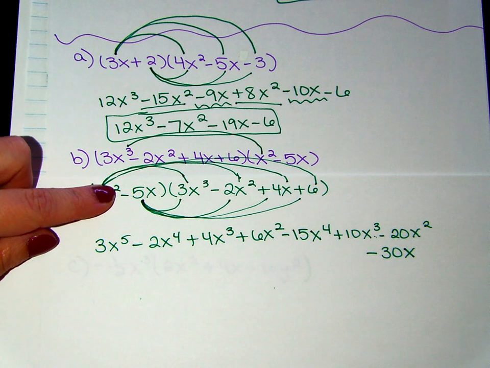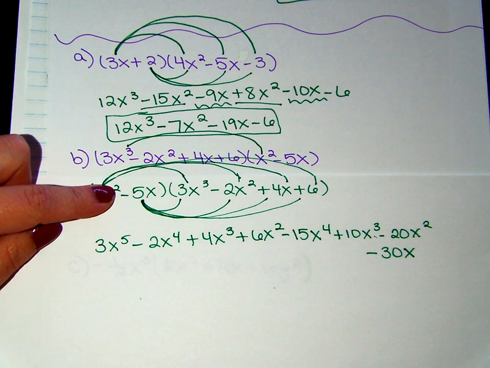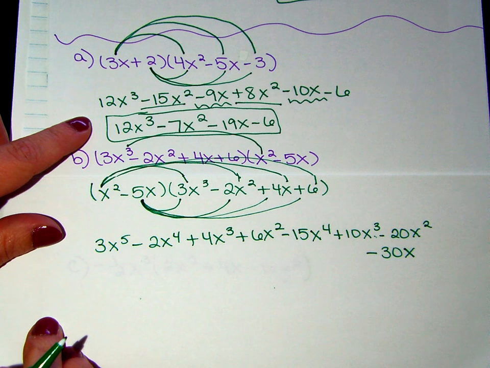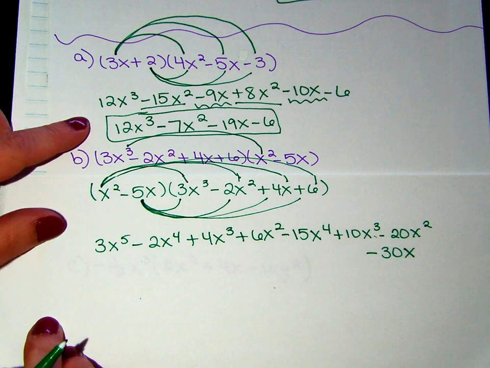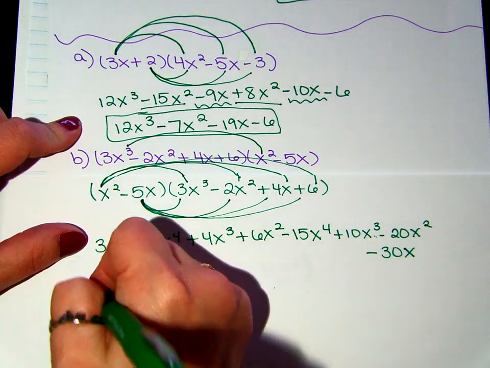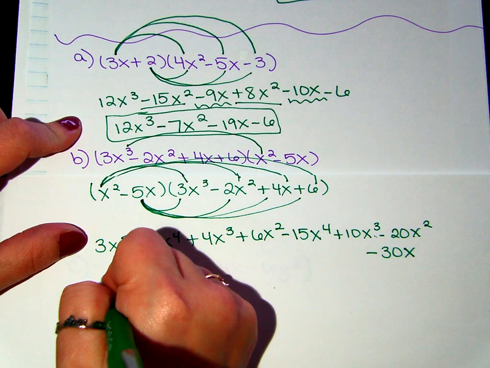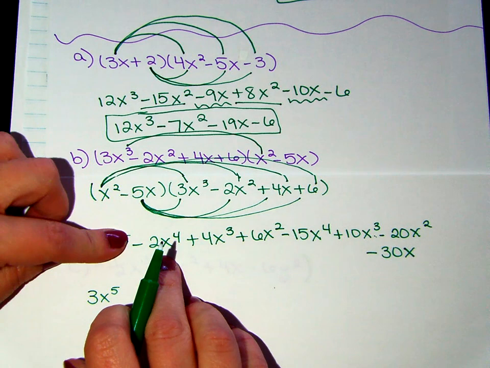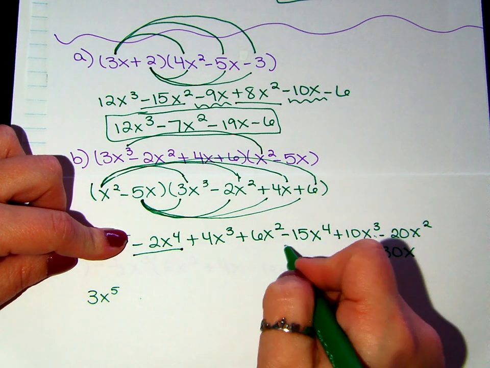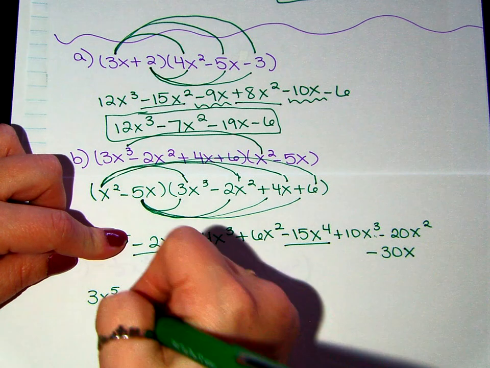Then I do the same thing I did up here, where I look and see, is there anything that I can combine? Are there any like terms? Well, I have one term that has an x to the fifth, so I'll write that first. I have a minus 2x to the fourth, a minus 15x to the fourth. That'll give me a minus 17x to the fourth.